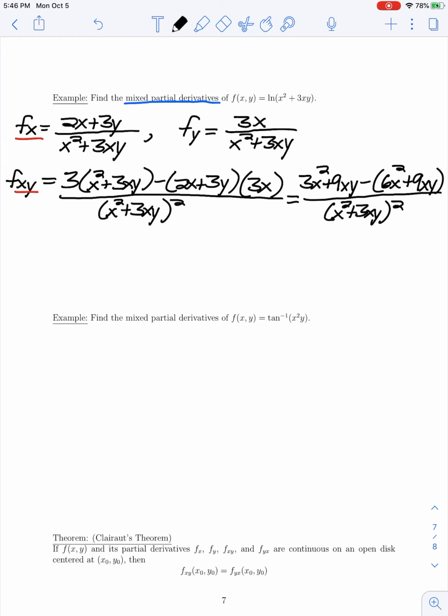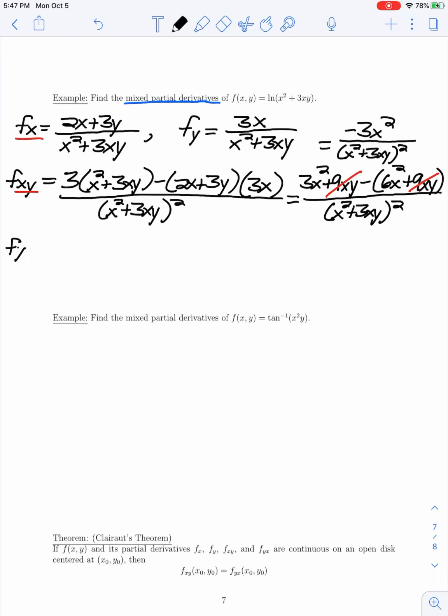So combining some like terms, we can see that our positive and negative 9xy will cancel, and we're left with negative 3x squared over the denominator squared. So simplifying a little, let me write it up here, negative 3x squared over x squared plus 3xy quantity squared.